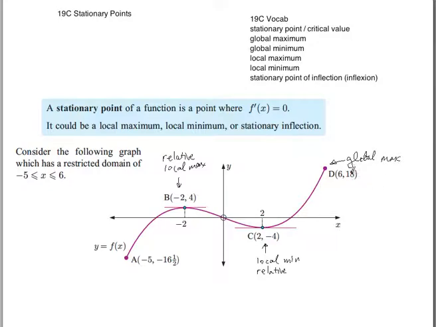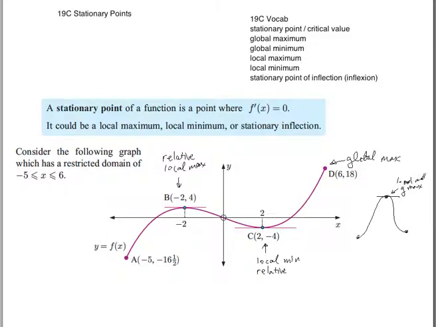Is it always the endpoint? Not necessarily. It could be that you have a shape that looks like this. Then this would be my global maximum. In that case, it would actually be a stationary point, the same as a local maximum.